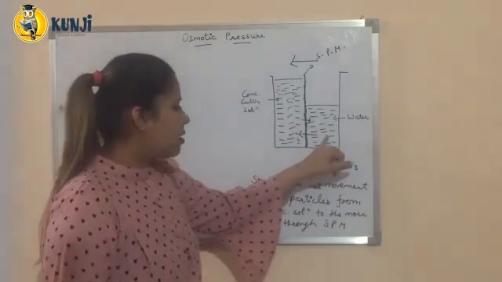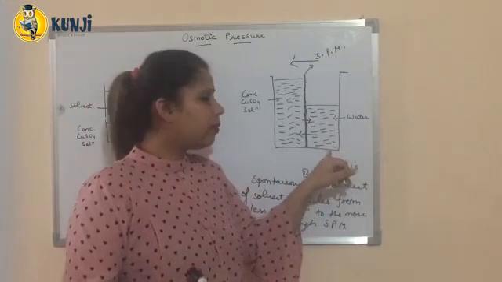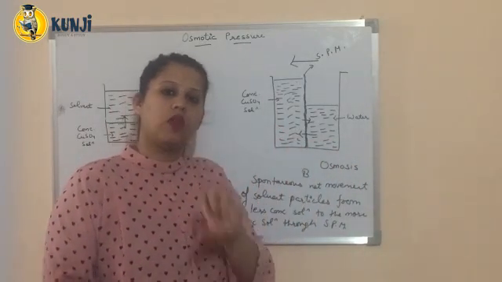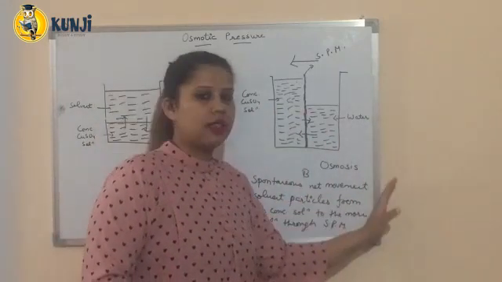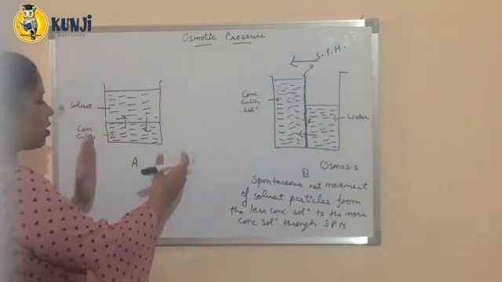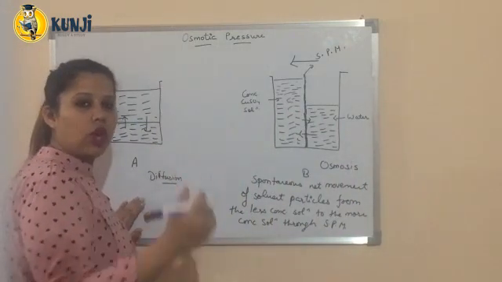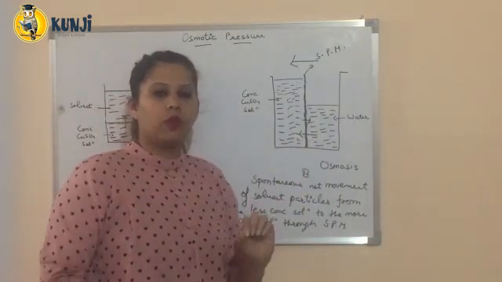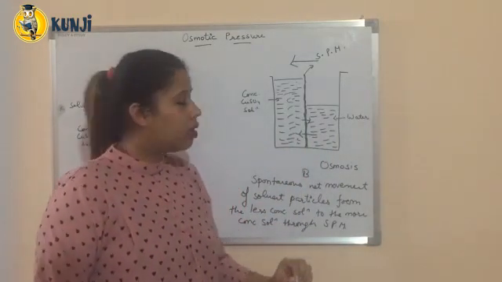So obviously less concentrated means more diluted and more concentrated means less diluted. So there is a movement of solvent particles from the less concentrated part to the more concentrated part. In diffusion, solute and solvent particles both move, but in osmosis there is movement only of the solvent particles.